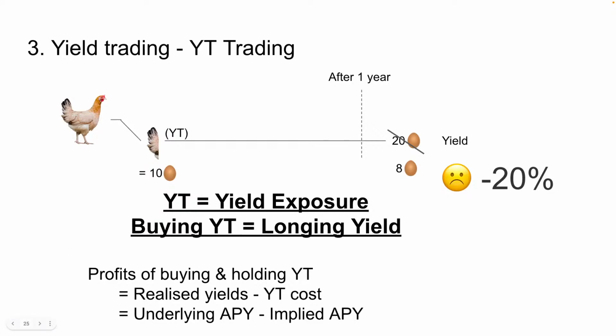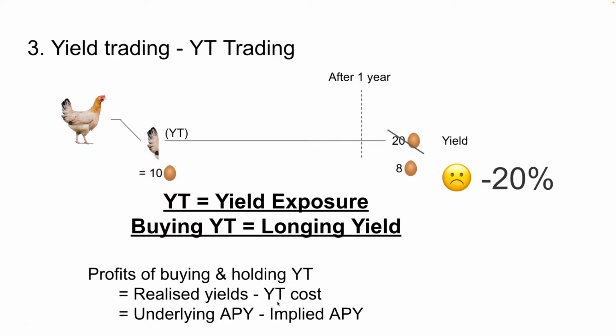And in terms of the profit for buying and holding YT, it's basically the 20x minus the 10x, right? It's the realized yield minus the cost for buying YT. In YT trading, the best way to look at things is in APY terms. So the yield being realized over time is basically the underlying APY.